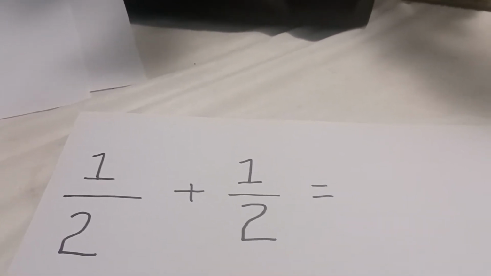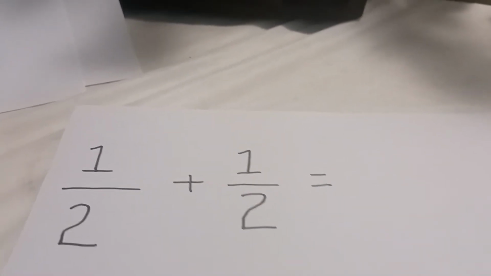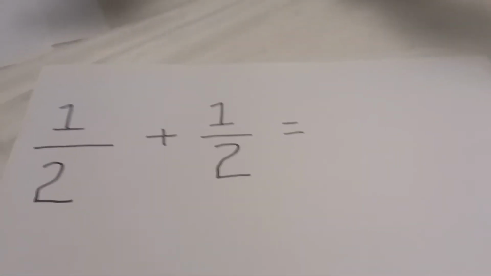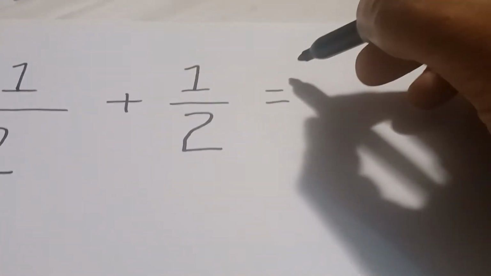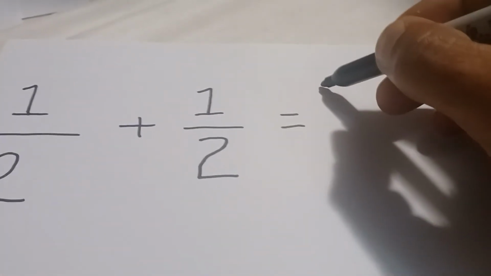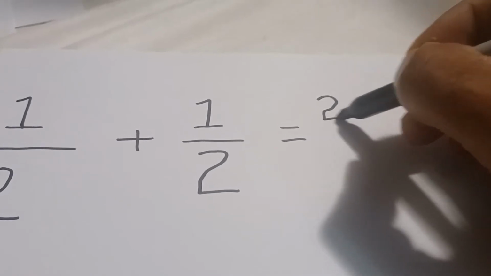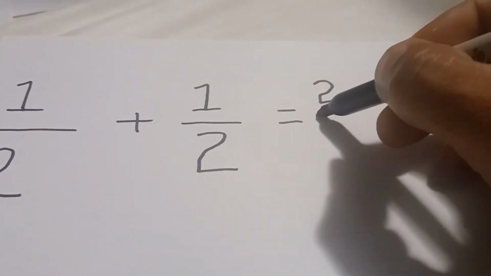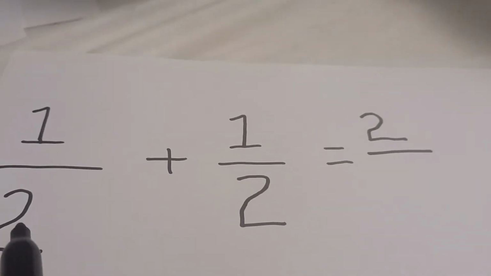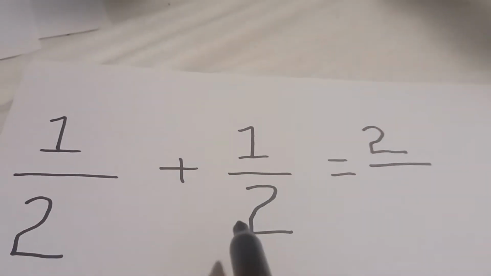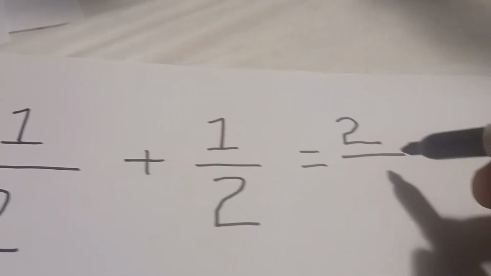Now, let's proceed with solving this problem. 1 plus 1, simple, is 2. From here, we just move our denominator over our bottom number.